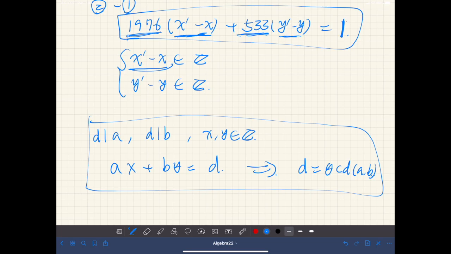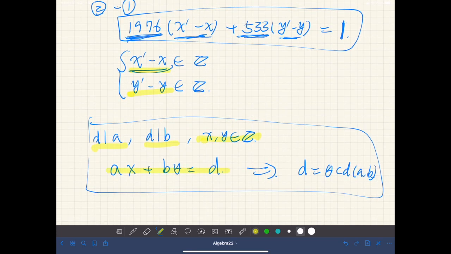And 1 divides both 1976 and 533. So these conditions are satisfied, and x prime minus x, y prime minus y are integers. So these are satisfied, and we are assuming that this is true.